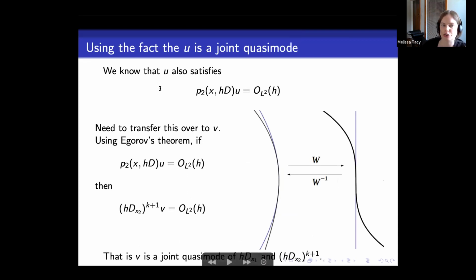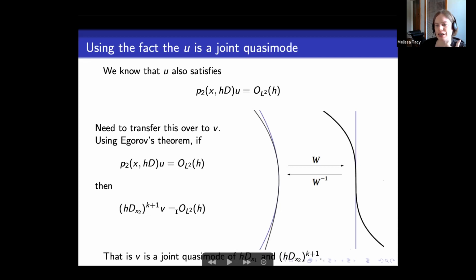So I also know that u satisfies P2 of u is order L2 of h. So what I want to do is transform my P2 across to this new setting, right? So I took my little blue line and I flattened it out with W. What does the black line become when I apply W to that?